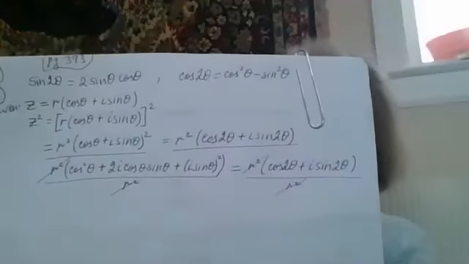They are gone. What is left? You have cosine squared theta plus 2i cosine theta sine theta plus i squared times sine squared theta. Is it correct?